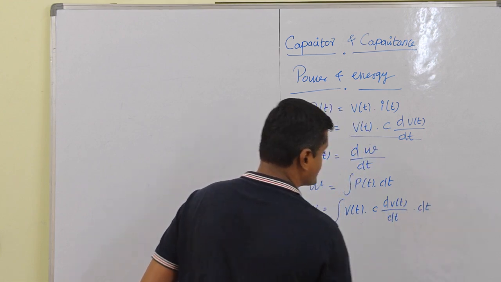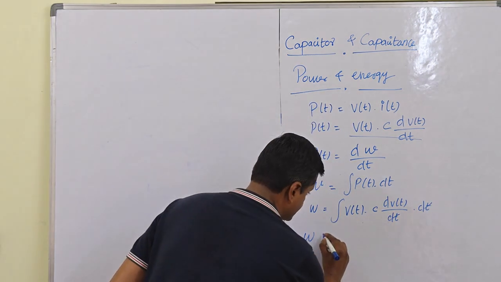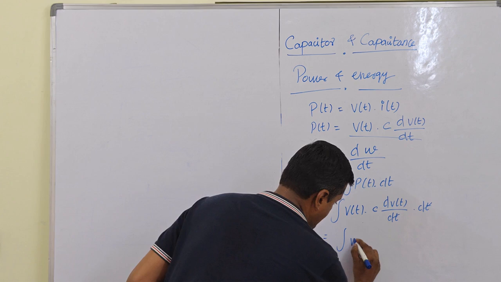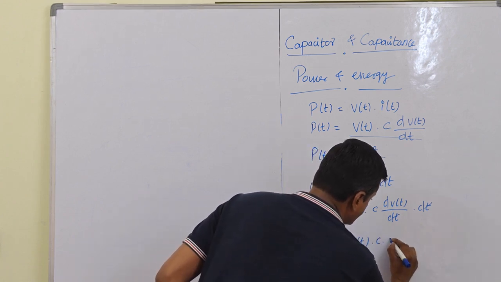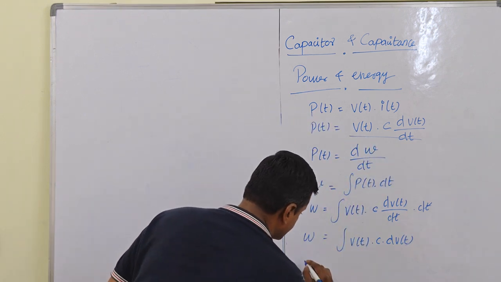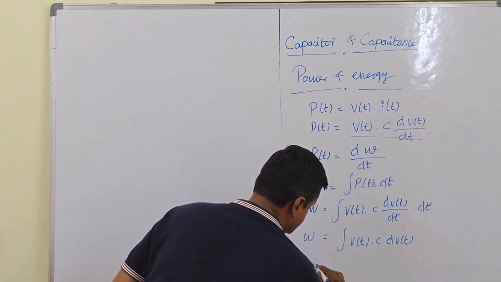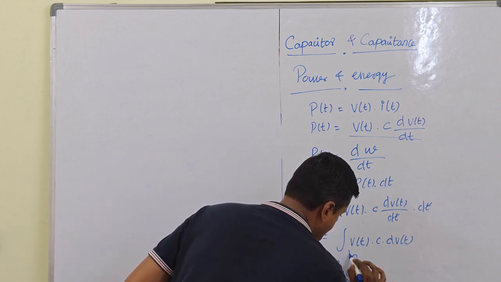The dt cancels, so W, energy, equals the integral of V of t into C into dV of t. We keep the constant C outside.